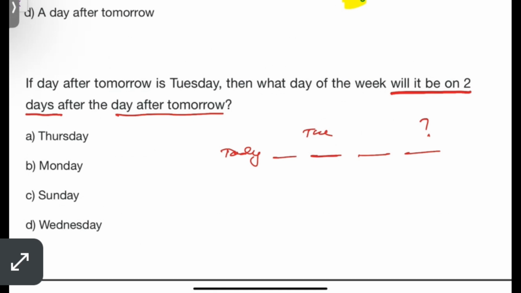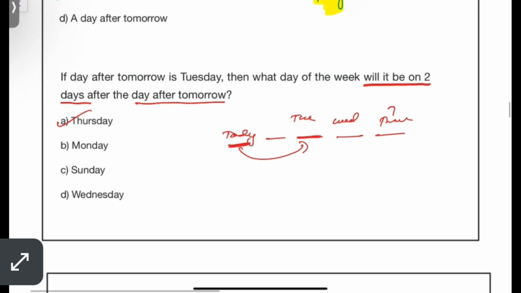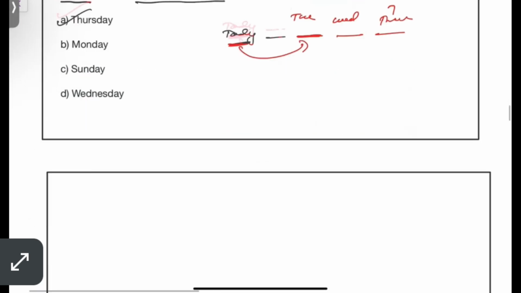This is the day after tomorrow according to today, and we have to find the second day after it. That means this is Tuesday, Wednesday, and this is Thursday. So the answer here is Thursday. These are just logical questions. You don't need to reason much or know any formula to solve this one.